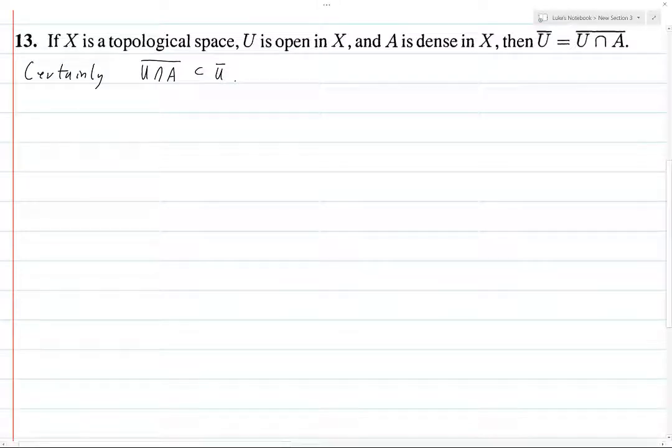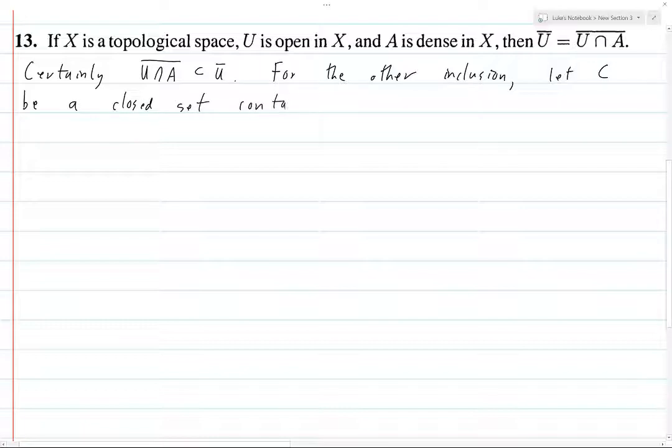So for the other inclusion, let C be a closed set containing U intersect A. I claim that C contains U. Because what will this do?